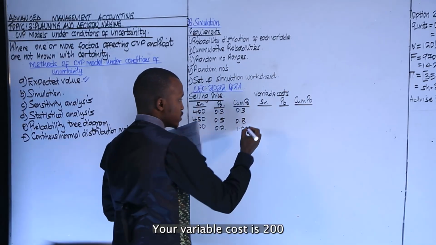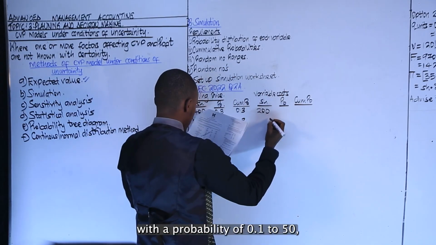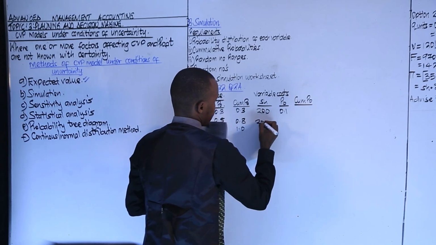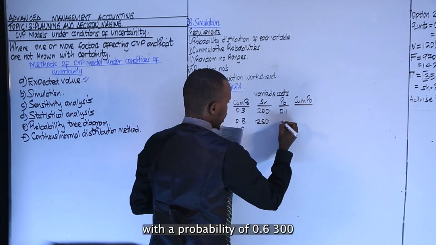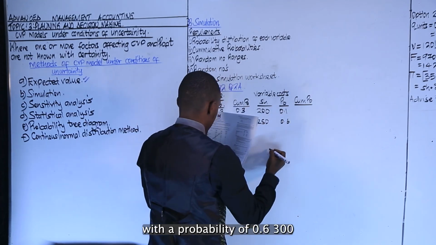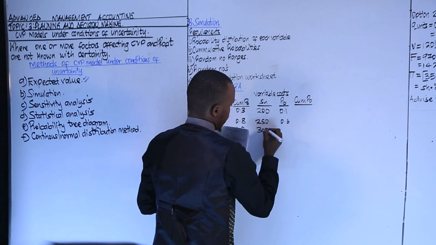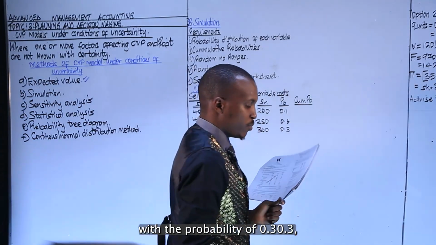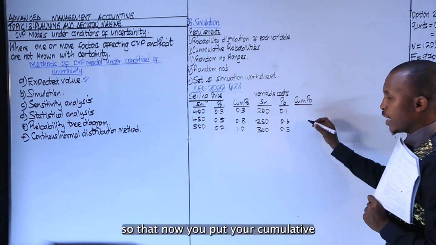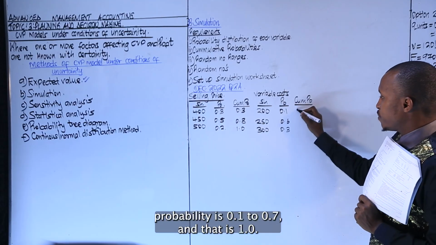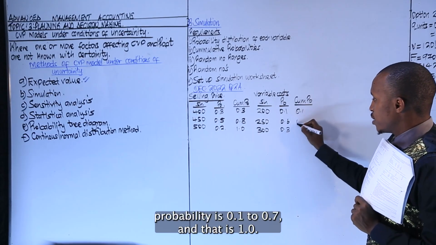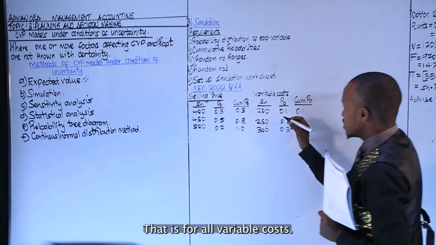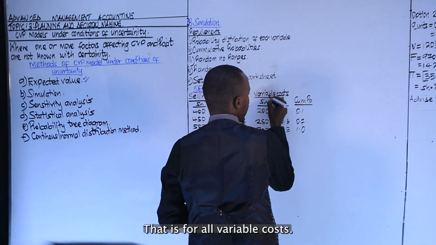Your variable cost is 200 with a probability of 0.1, 250 with a probability of 0.6, and 300 with a probability of 0.3. So now your cumulative probability is 0.1, 0.7, and that is 1.0. That is for variable costs.